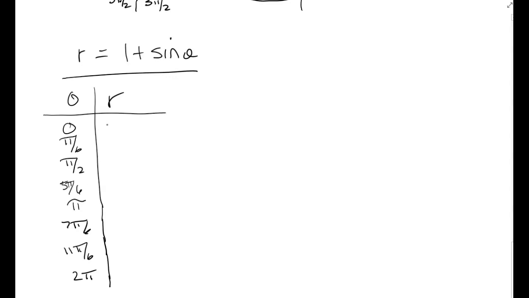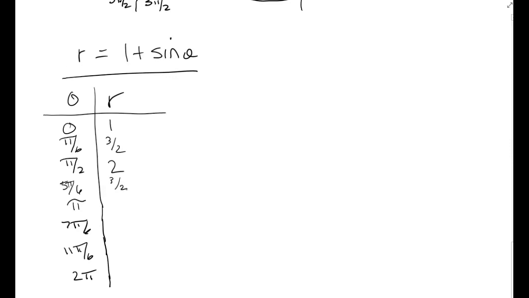So when I plug those values in, 0, sine of 0 is 0, 1 plus 0 is 1. Sine of pi over 6, that's a half, plus 1 is 3 halves. Sine of pi over 2, 1 and 1 is 2, and so on and so on. So you get the idea.